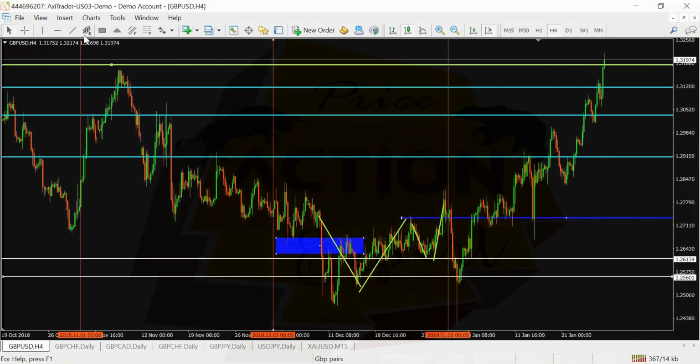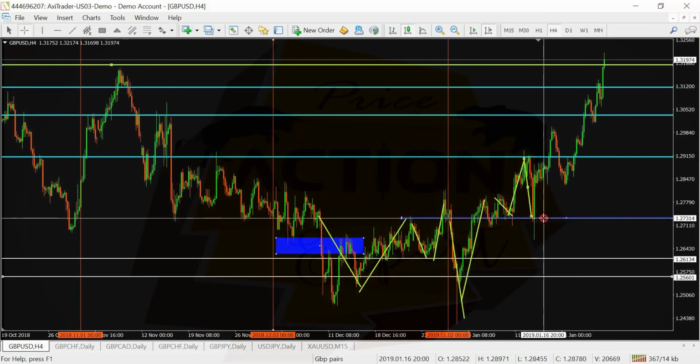It started here, initially it had a crash here, and again it tried to push up, came down to retest here, again it went up during the Brexit vote result. It happened here, it dropped here, see exactly where it drops, the opening candle, and from there the price started to push up. This is the confirmation you see here.